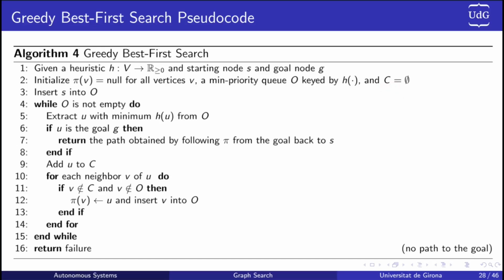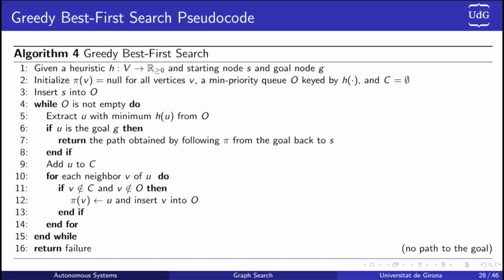What we do just at the beginning is put the starting node into the open list. And while this open list is not empty, we extract one node that we will call U, and this node will be the one with the minimum heuristic. The heuristic tells us that probably from this node is the closest that you can be to the goal.